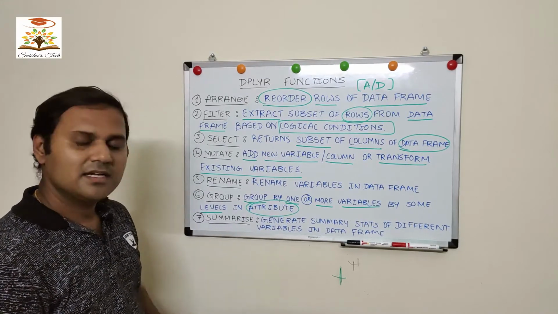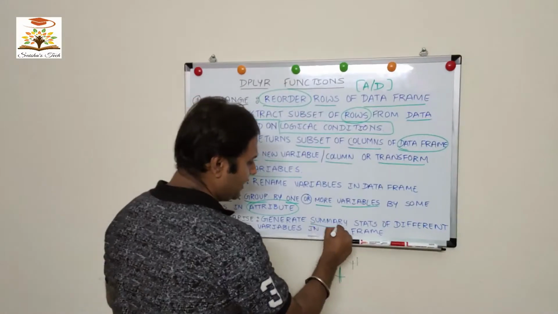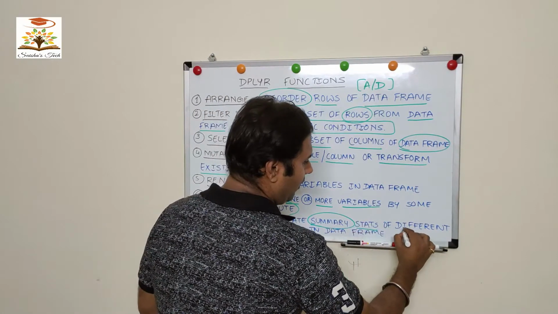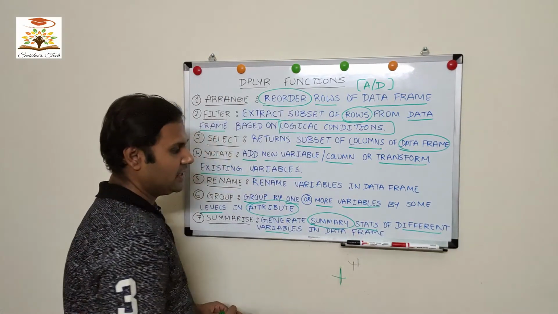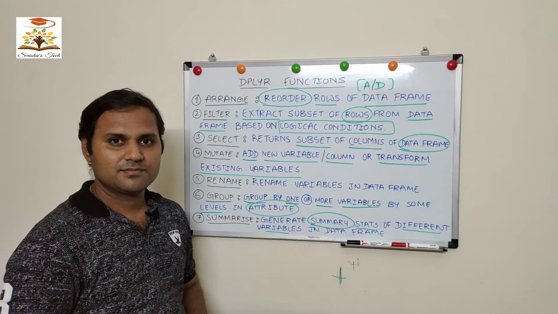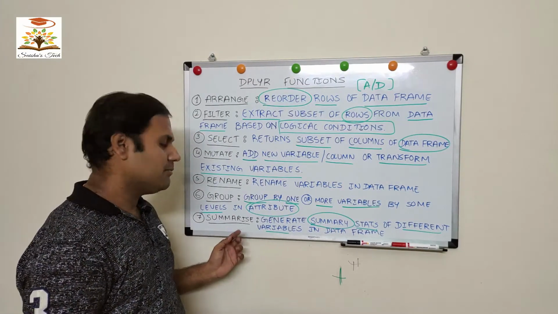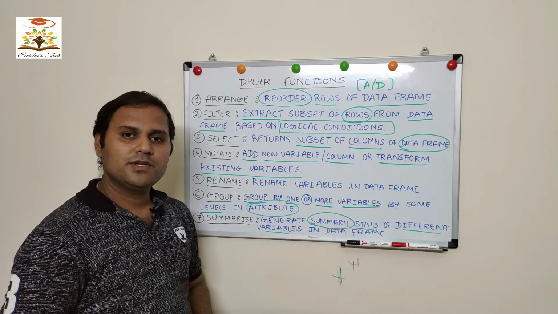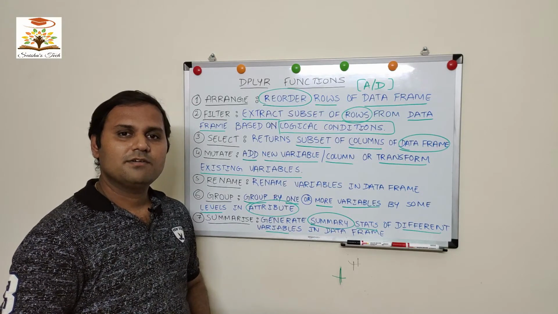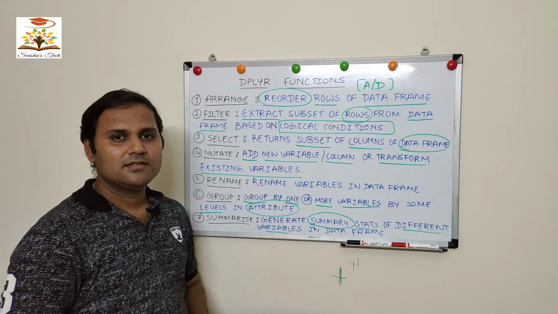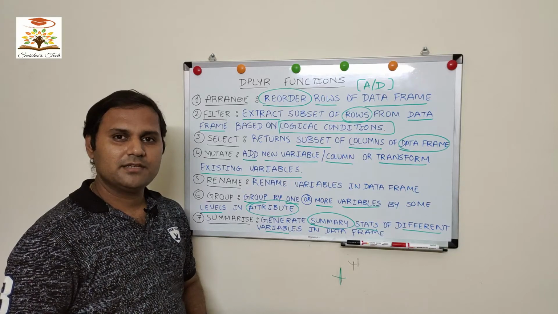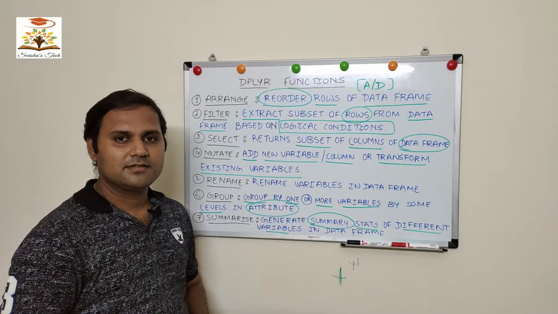Similarly, summarize. Summarize generates summary stats of different variables in a data frame. Example, the summary can be utilized to understand the first quartile, second quartile, third quartile, mean, median, mode, etc.